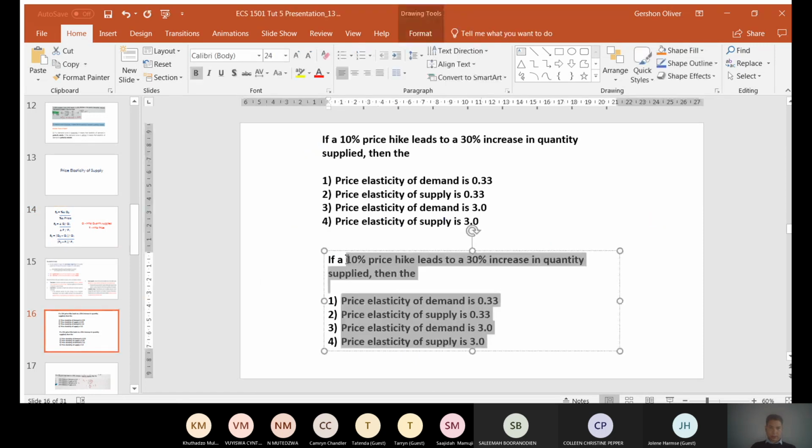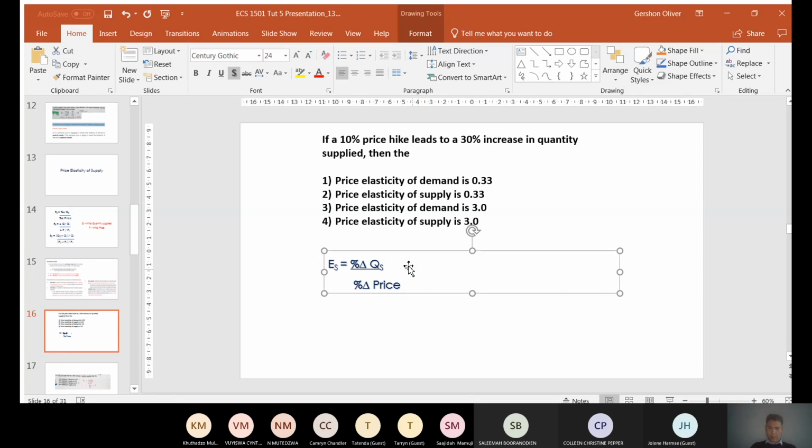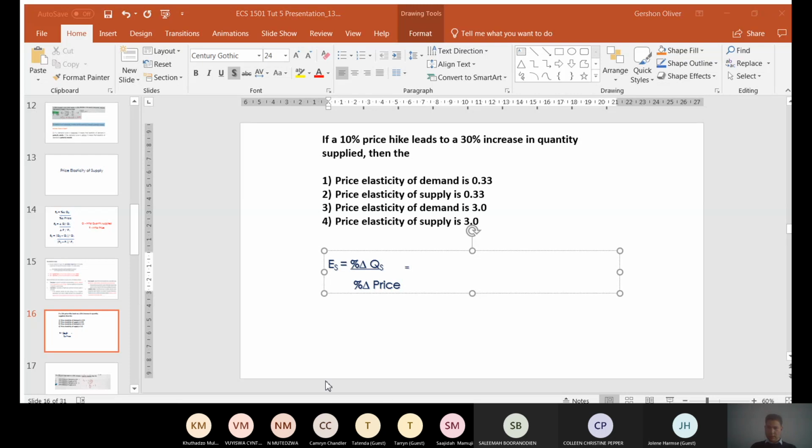Would anybody like to attempt this? And guys, please don't be shy. We are all here with one another. Any hands? That's 9 more minutes and we're going to have a break, so we can do this very quickly.